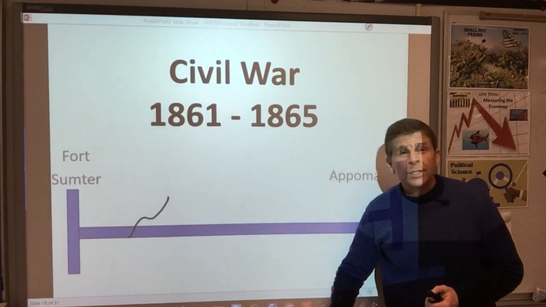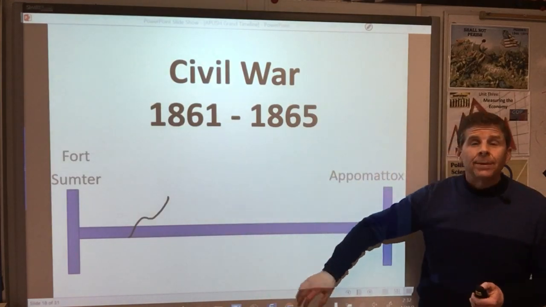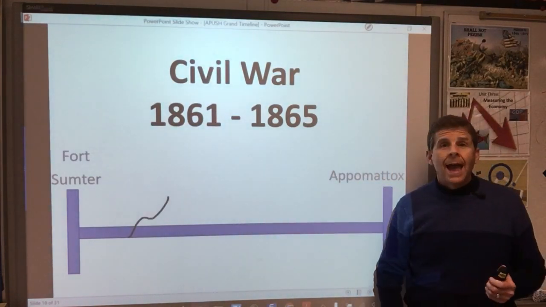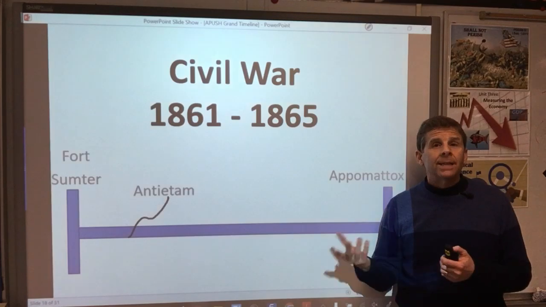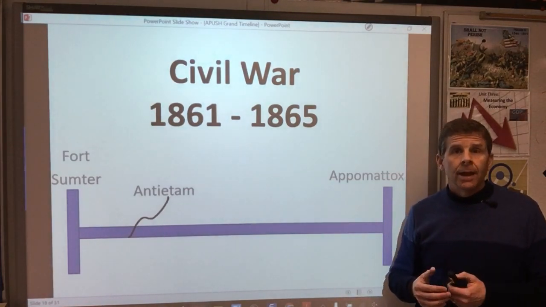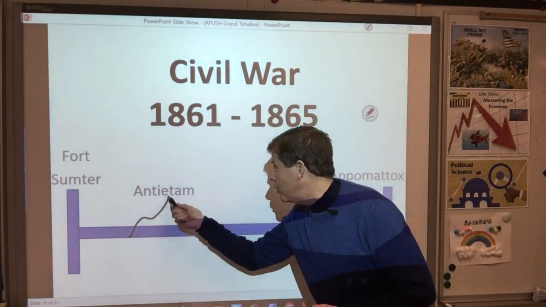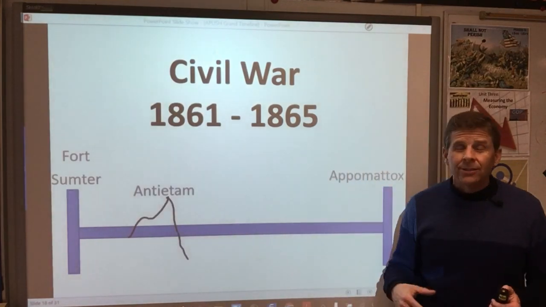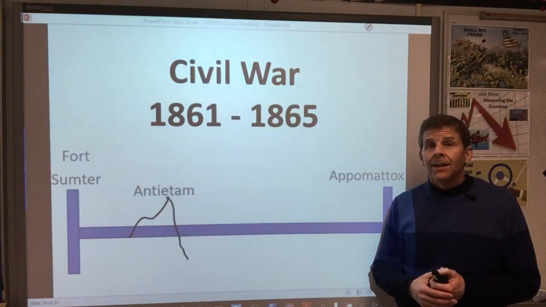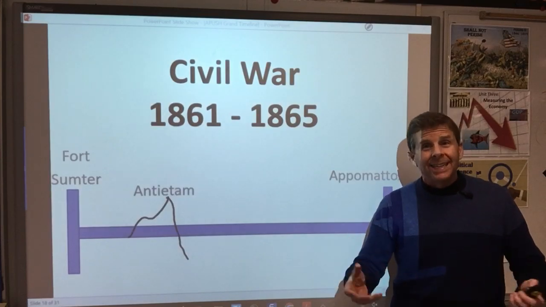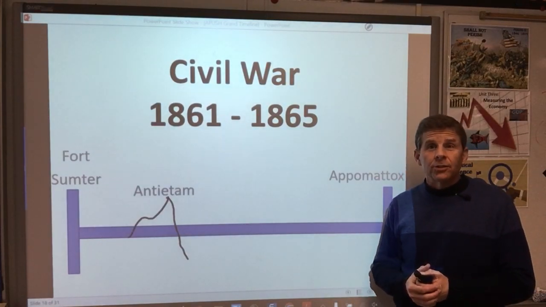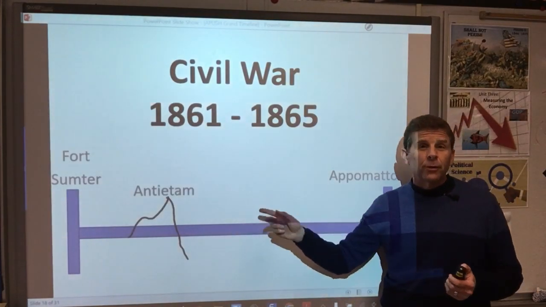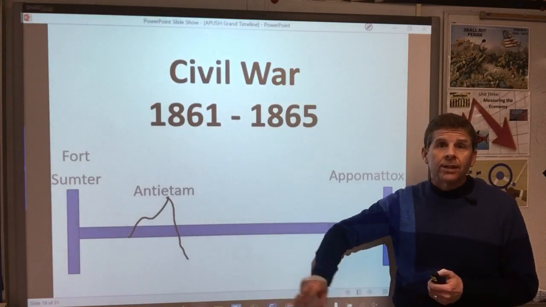The first of those times, where Lee takes his army into the Union, he gets turned around at a place called Antietam. Once he gets turned around at Antietam and has to go back down into southern territory, that's a big deal as far as the Civil War is concerned, not just because it's the first of 2 turnarounds of the Confederates.